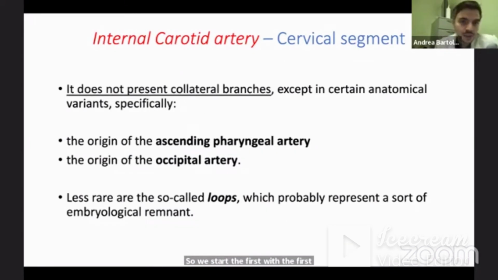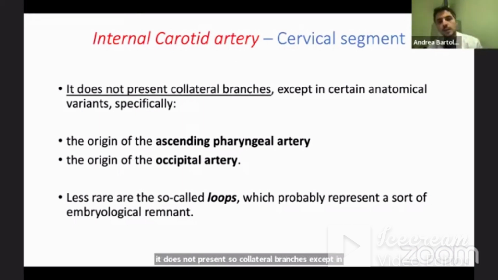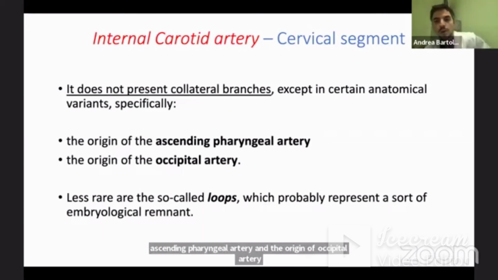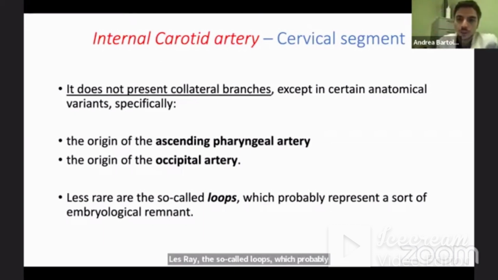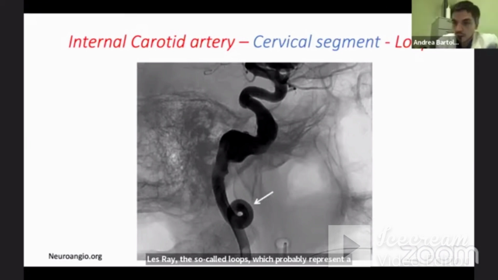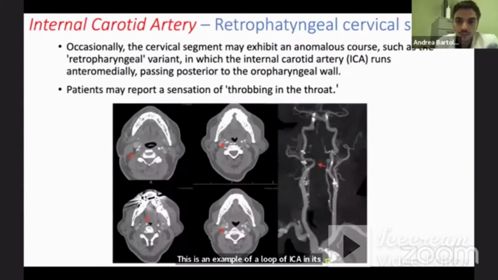It does not present collateral branches, except in certain anatomical variants, specifically the origin of ascending pharyngeal artery and the origin of occipital artery. Less rare are the so-called loops, which probably represent a sort of embryological remnant. This is an example of a loop of ICA in its cervical segment.